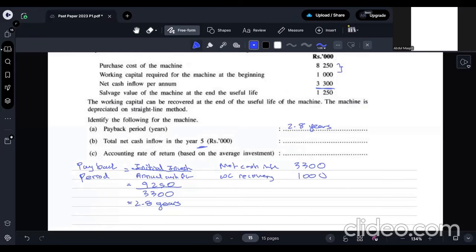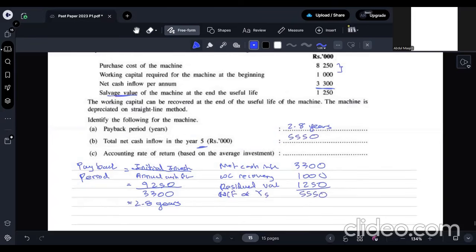And the salvage value means residual value. You will be getting the residual value at the end of year 5. That means you can sell your machine at the end of the useful life for 1,250,000. Then the total net cash flow of year 5 will be 5,550,000.